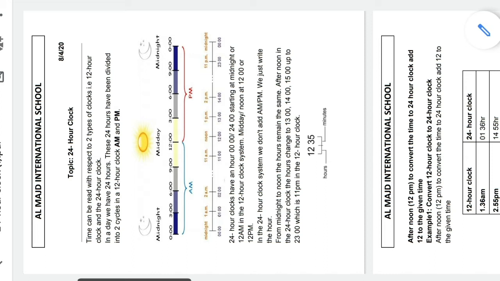From midnight 12 o'clock till noon 12 o'clock, it will remain as AM. That means at 11:59 also it's going to remain as AM. As soon as the clock hits 12 in the noon or in the day, that is when PM starts.